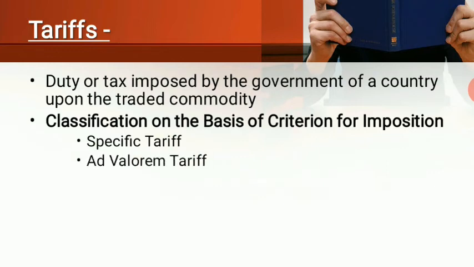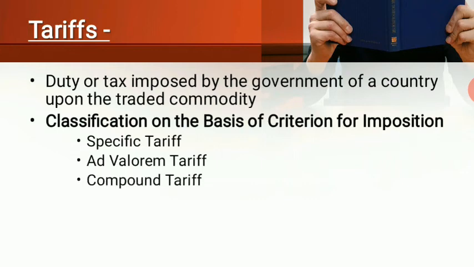Next is ad valorem tariff. Ad valorem is a Latin word that means on the value. When the duty or tax is levied as a fixed percentage of the value of the traded commodity, it is called ad valorem tariff. Such duties are levied on the products the value of which is disproportionately higher compared to their physical characteristics such as weight or measurement.